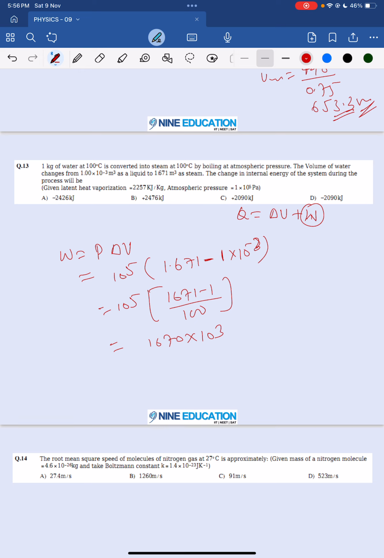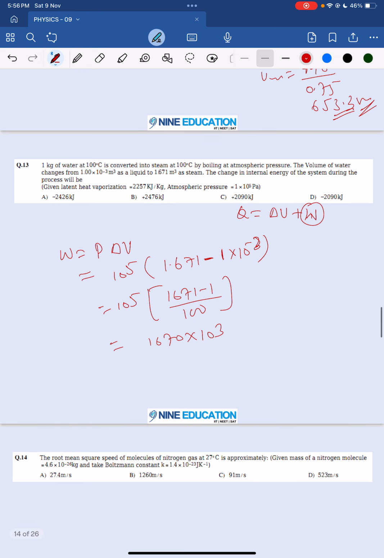Acha, sir. So 1670, sorry, my bad, 1670 by 100. So it will be 10 to the power 3, correct? So now this will be approximately 167 into 10 to the power, you can say that this will be kilojoule, right? Let's check one more time.